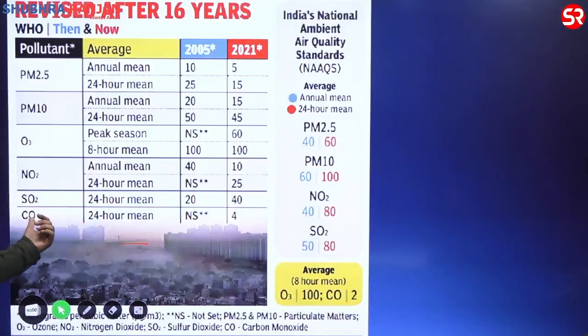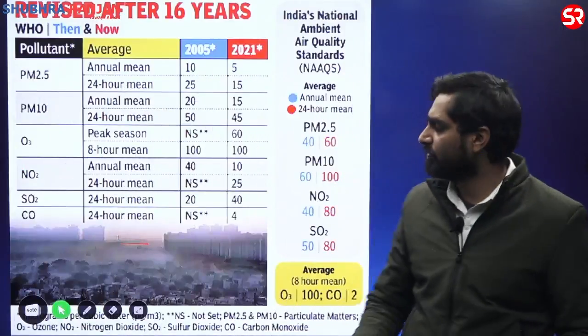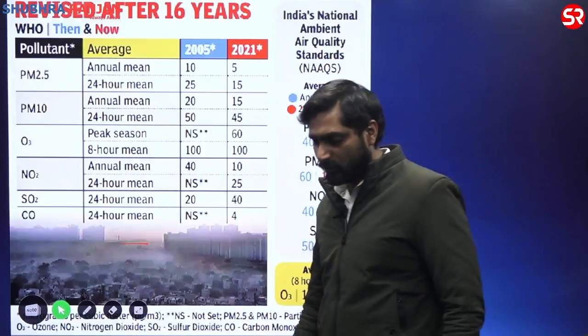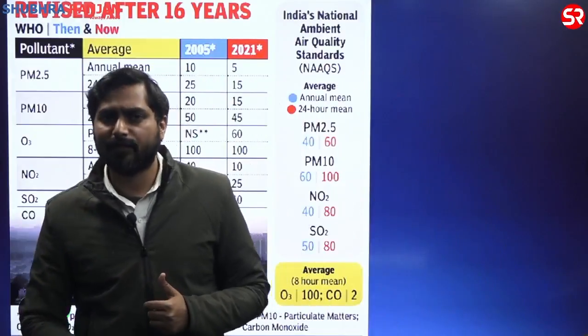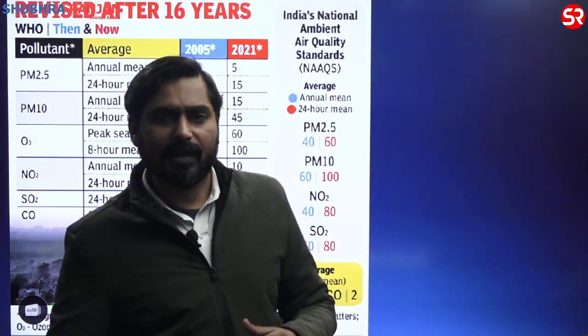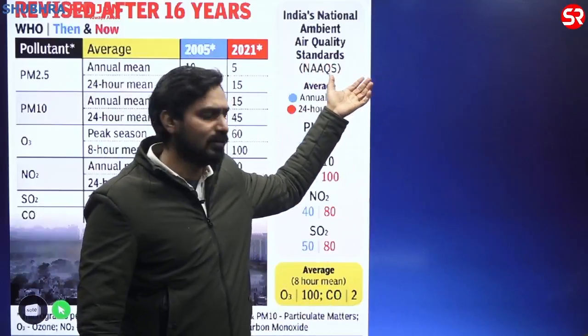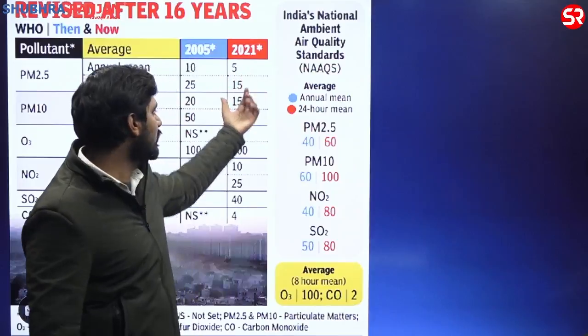Yeah, carbon monoxide. Carbon monoxide is one of the pollutants with regard to which they have given their standards. So now they want you to write a comparative answer, how these standards are different from 2005, and how our national standards are different from these WHO standards.